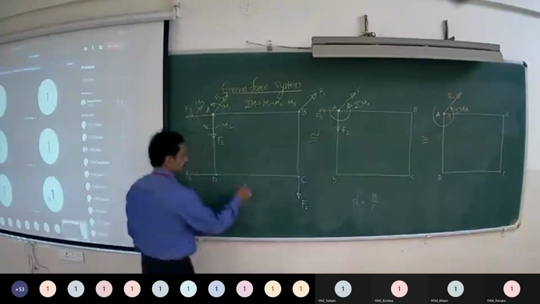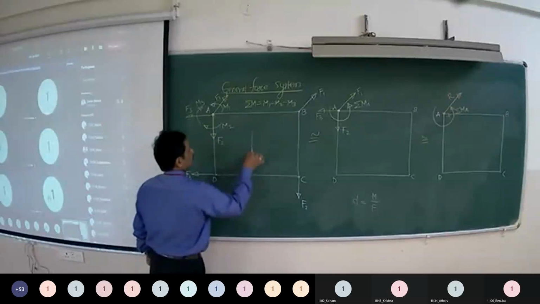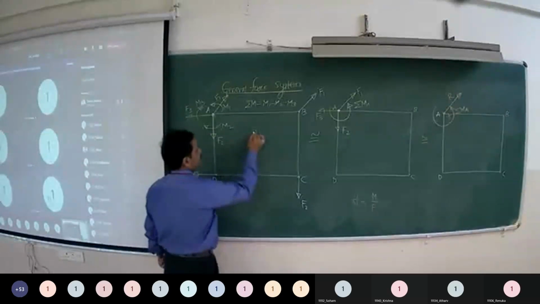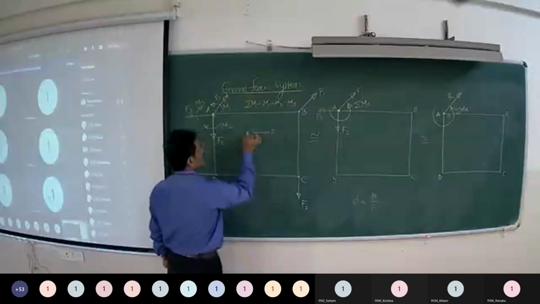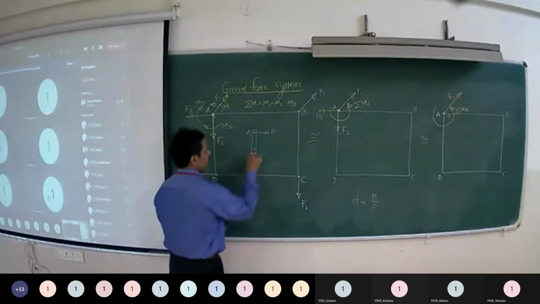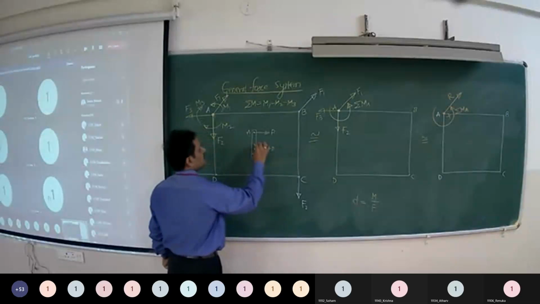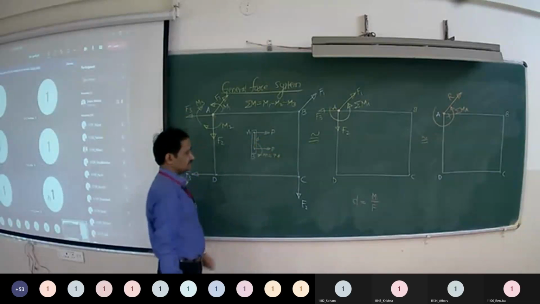See, when you are saying a force is transferred parallelly, say from point A to point B, that force is accompanied by a moment, which is force into this perpendicular distance.